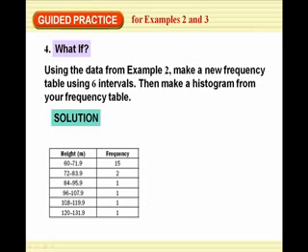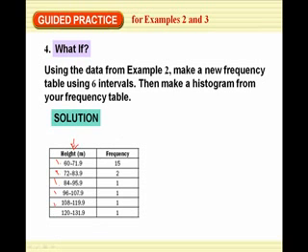There are lots of options. They just chose to go 60 to 71.9, 72 to 83, and these have to be the same size. If you have 10 in between them, you do 10 in between each one. You can't just put whatever you want. You have to have the same size intervals for each of these. And there's the frequency.